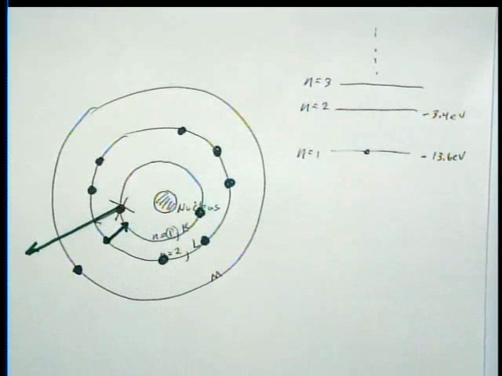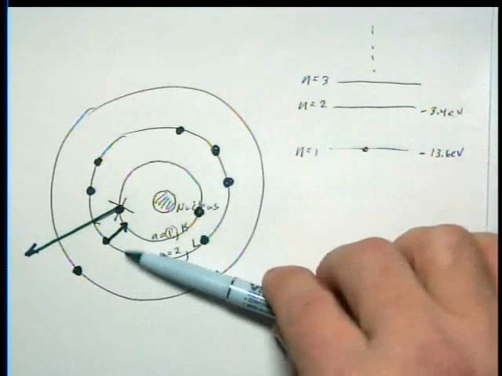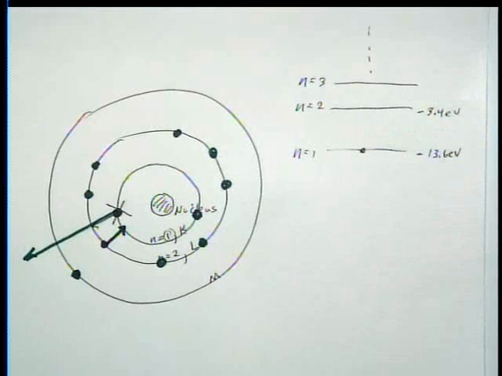And you can calculate what the energy of the photon is, if you knew what these energy values were for the Bohr atom. You could say that's the 2, and you could subtract the energy of the 1. You could find the difference, take 1240 eV nanometers, divide by the energy, and find the wavelength.